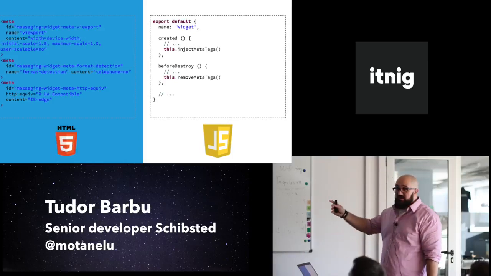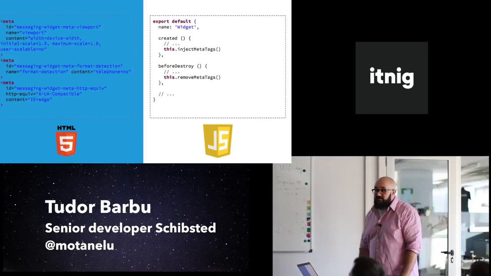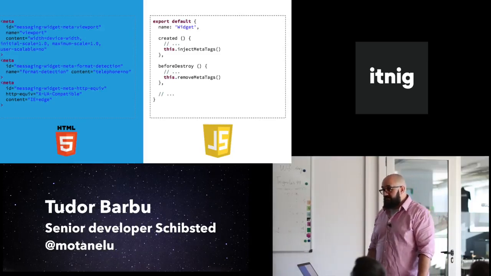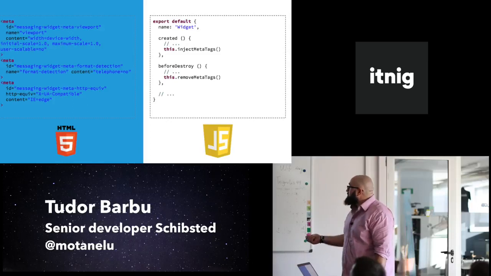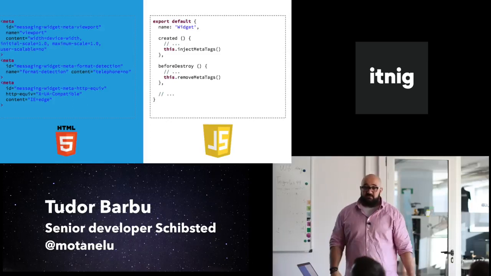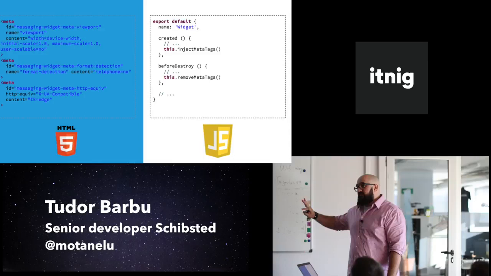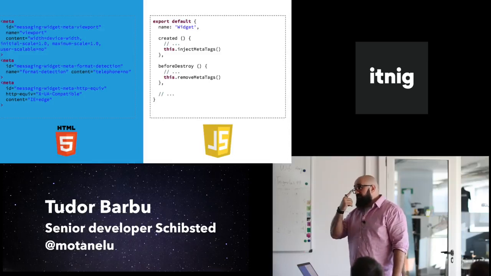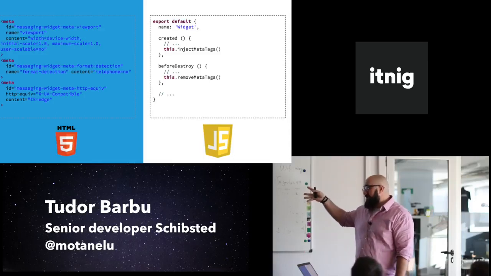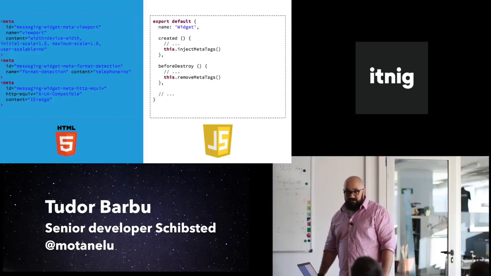To inject these in the header, I also needed to fall back to the DOM API. And this is a feature flag. It's turned on by default, but if they inject their own meta tags, they can turn it off in the configuration.